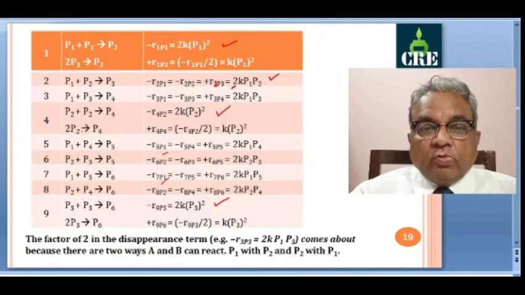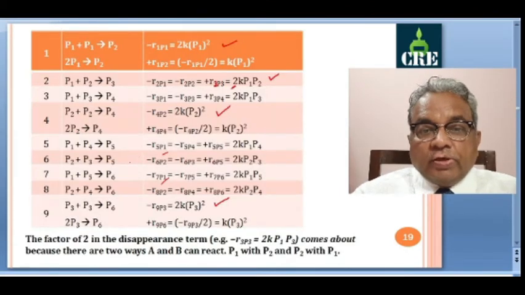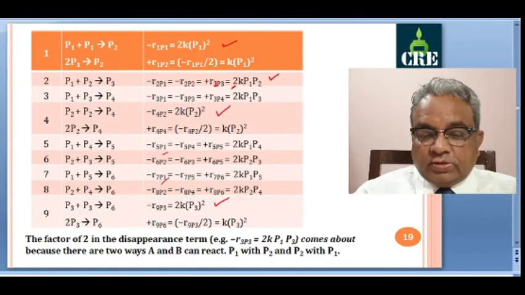Then next, where is it appearing? Here. Rate of disappearance of P2 is 2k P2 square, so I will write with minus sign, minus 2k P2 square, this term. Next, it is appearing here, P2 P3, disappearance, so minus 2k P2 P3, and similarly here minus 2k P3 square.